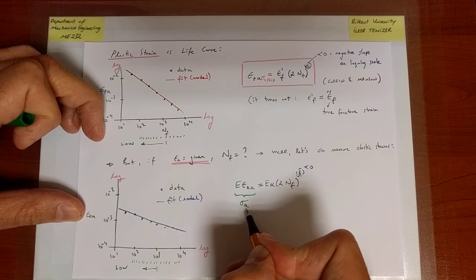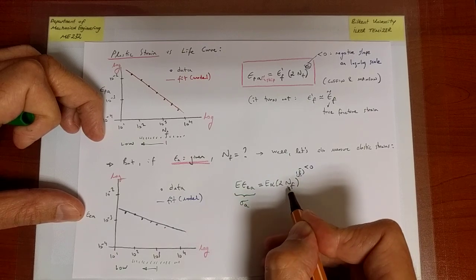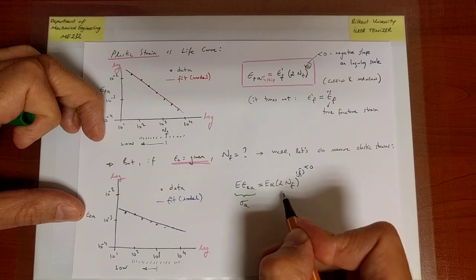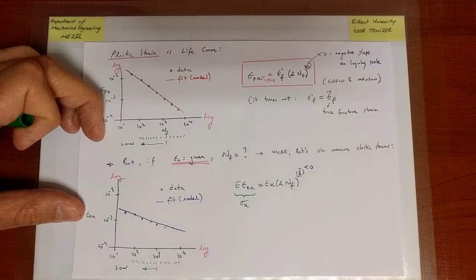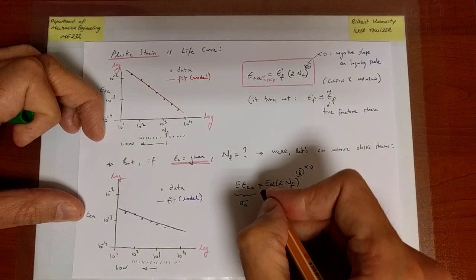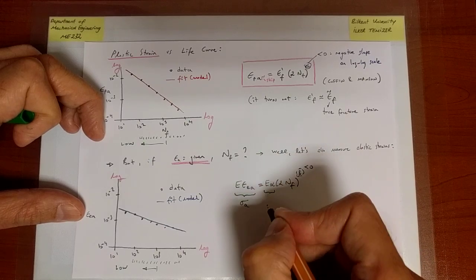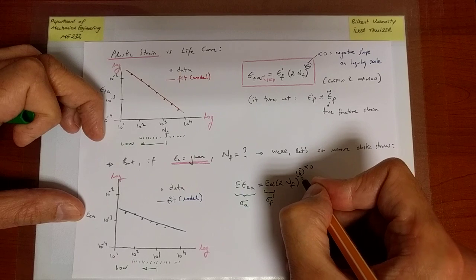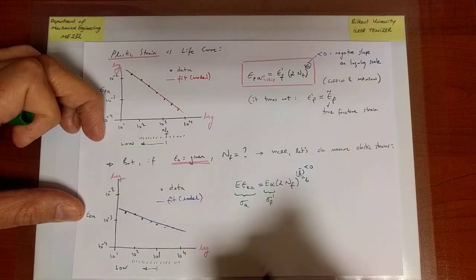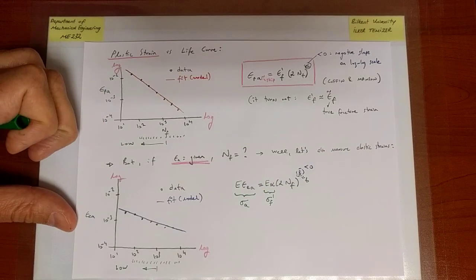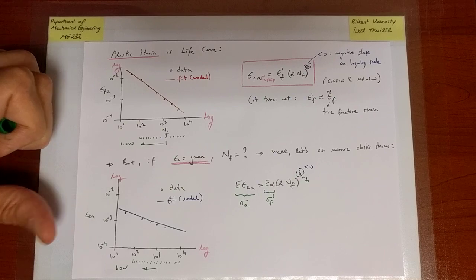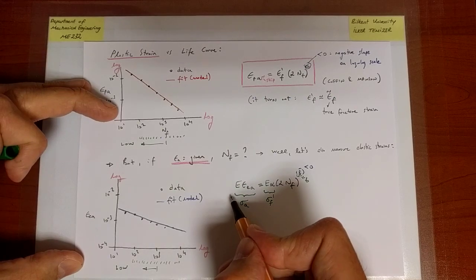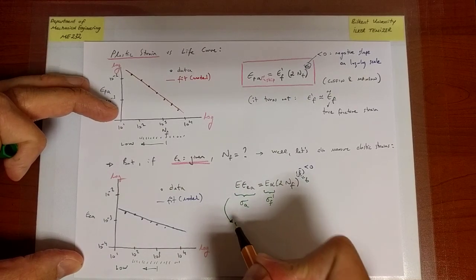When I see the stress amplitude on the left and the life appearing as twice life on the right, I immediately remember the Basquin form. The Basquin form said that sigma A was sigma f prime, a coefficient, times 2Nf to an exponent, which we called b.